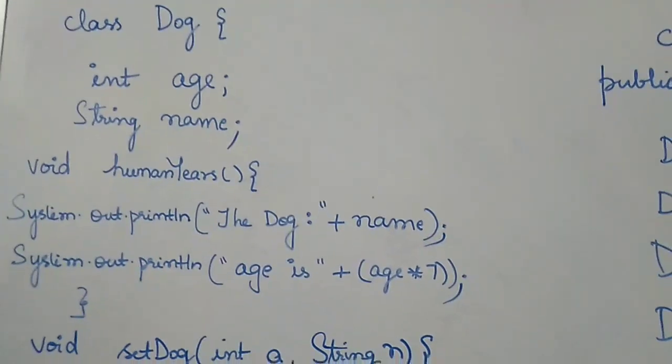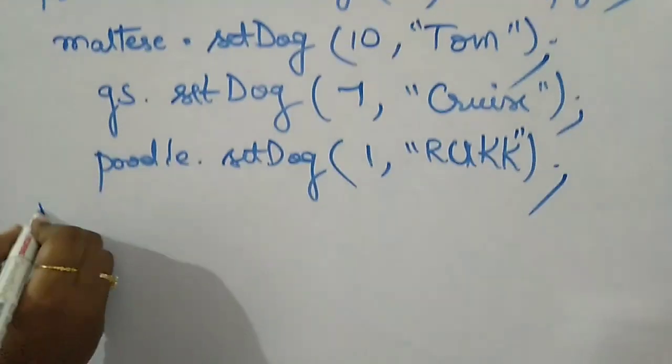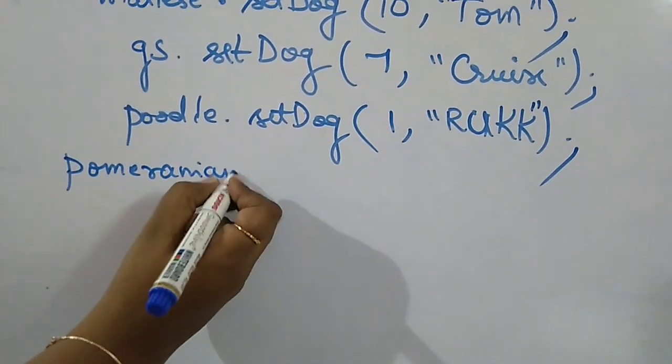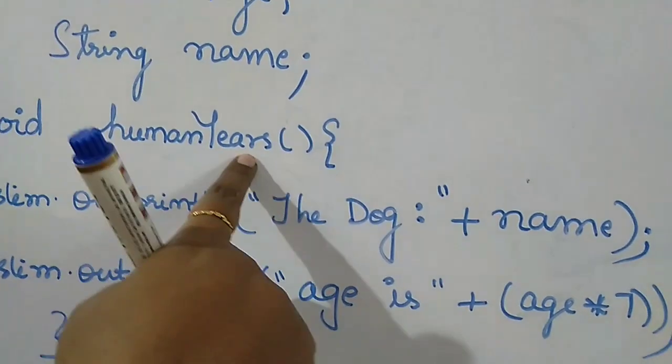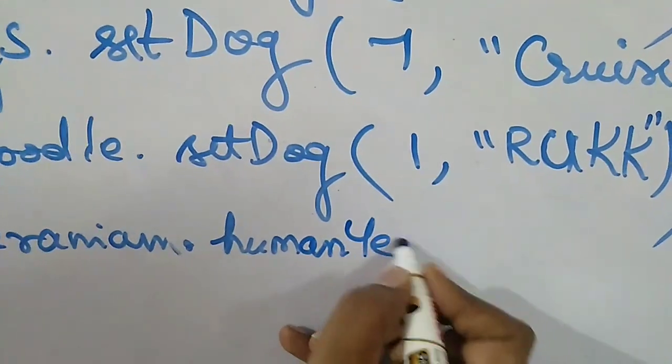Now we'll call the humanYears method on a particular object. How to do that? It's again similar. I'm saying Pomeranian, so this is the object name, dot, and then the name of the method. What is the name of the method? humanYears. So I am saying Pomeranian.humanYears.